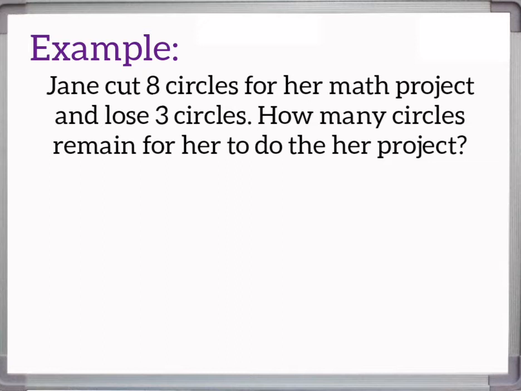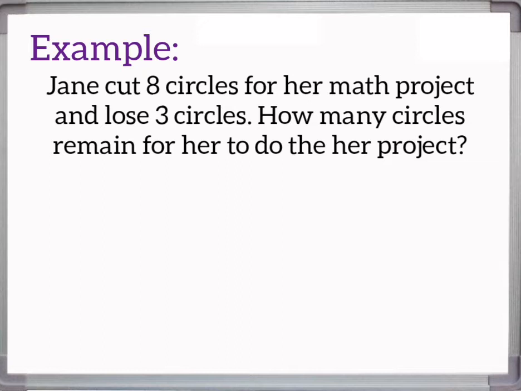So this is giving us a clue on what are we going to do. So the question is asking us how many circles remain for her to do her project. If you notice, we also have the term remain. Do you remember on which list it belongs? Does it belong to the addition list or to the subtraction list?